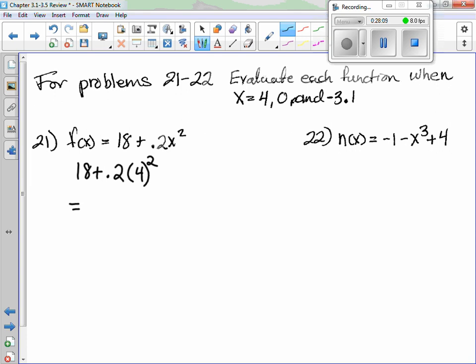At this point here, we can type it straight into the calculator. So in the calculator, you can type in 18 plus 0.2 parentheses 4 close parentheses squared. And if we type this in, and we could say really this is f of 4, we're just plugging 4 in for x.